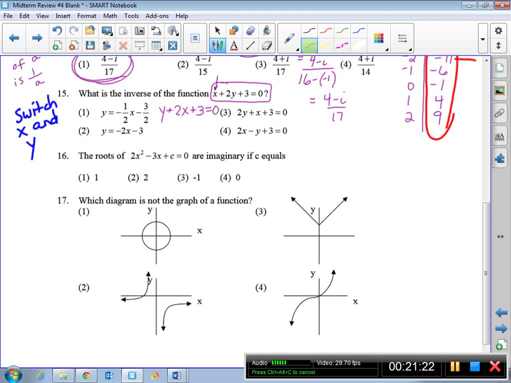So I'm switching a y in for x and an x in for y. So I've got my inverse now. Let's check the choices. Since these look a little familiar, it's not that, and it's not that. So let's solve for y, since that's what these two do. y equals, subtract over 2x, subtract over 3, and here's our winner.